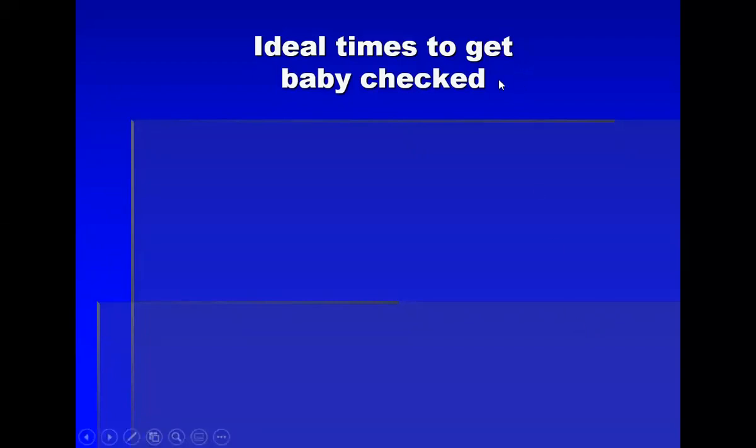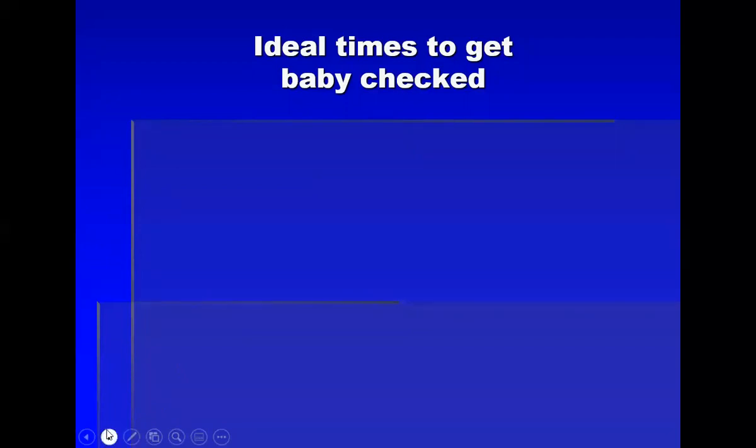There are also other parameters that we use to determine if the baby might be able to get some free care as part of the mom's care, but we will discuss that with each of you depending on when you started your care, and other factors. But ideally, you would get the baby checked as soon as possible after birth.